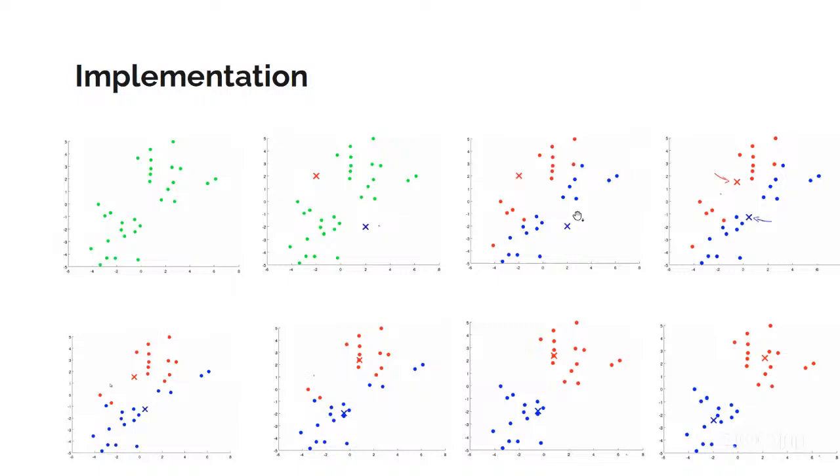These points are all closer to red than blue. So it's assigned as red. Now, once you have this initially, you calculate something called the centroid, essentially the midpoint of this cluster. That you can do by just averaging out the x and y coordinates of all the points in that cluster.